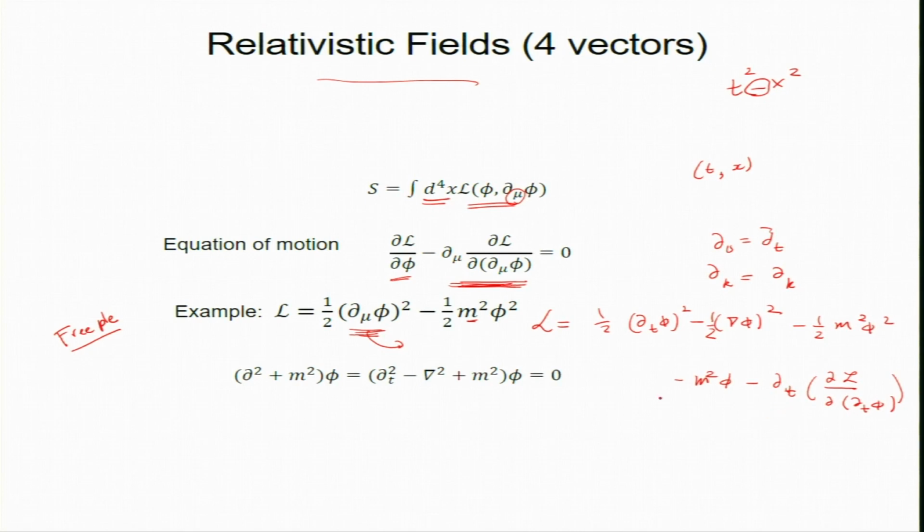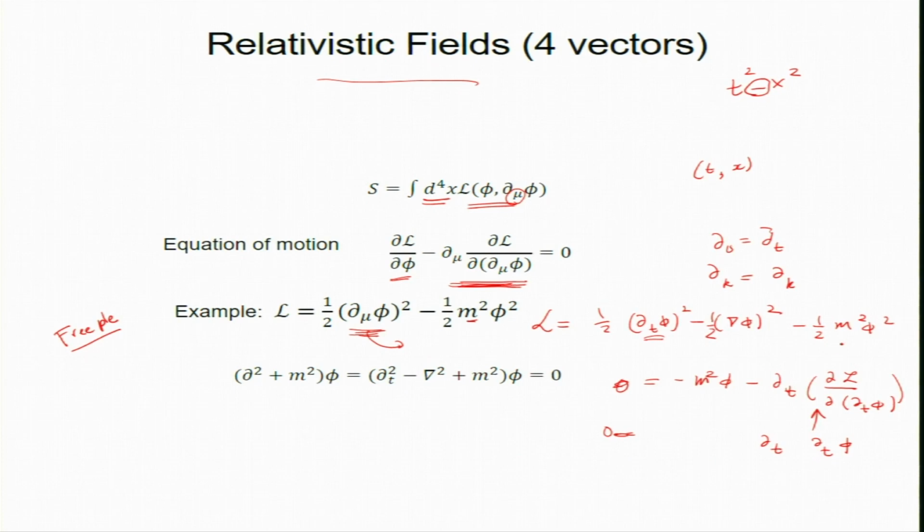So the second term will be this term's derivative, so half and 2 will cancel. So this is the double derivative in time.